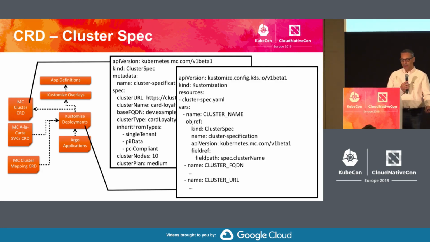In the customized deployment, we are creating variables, so we can inject them into the overlay, so that the deployment of monitoring, logging, and other things will be directly related to that particular cluster.